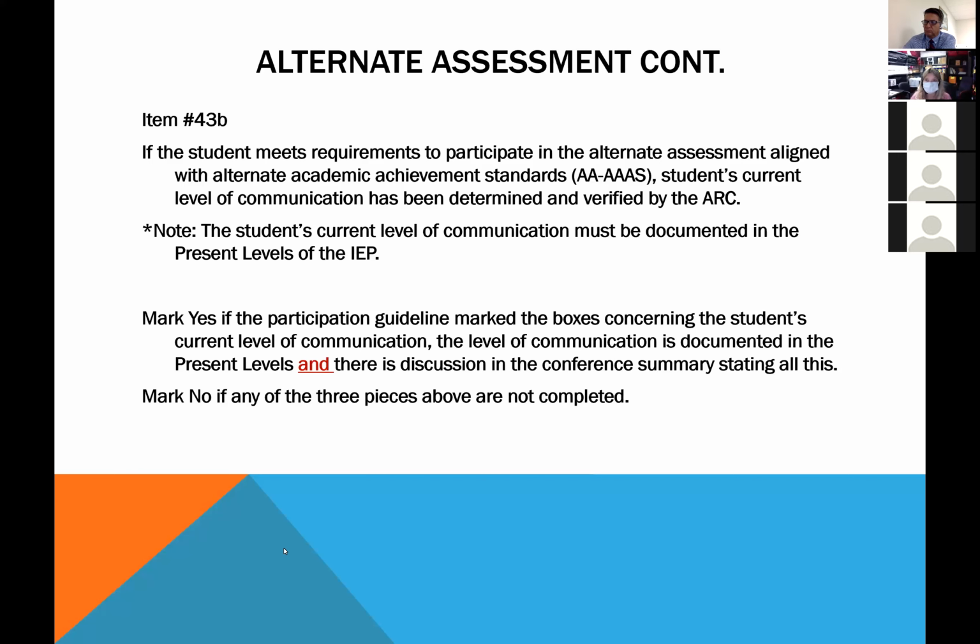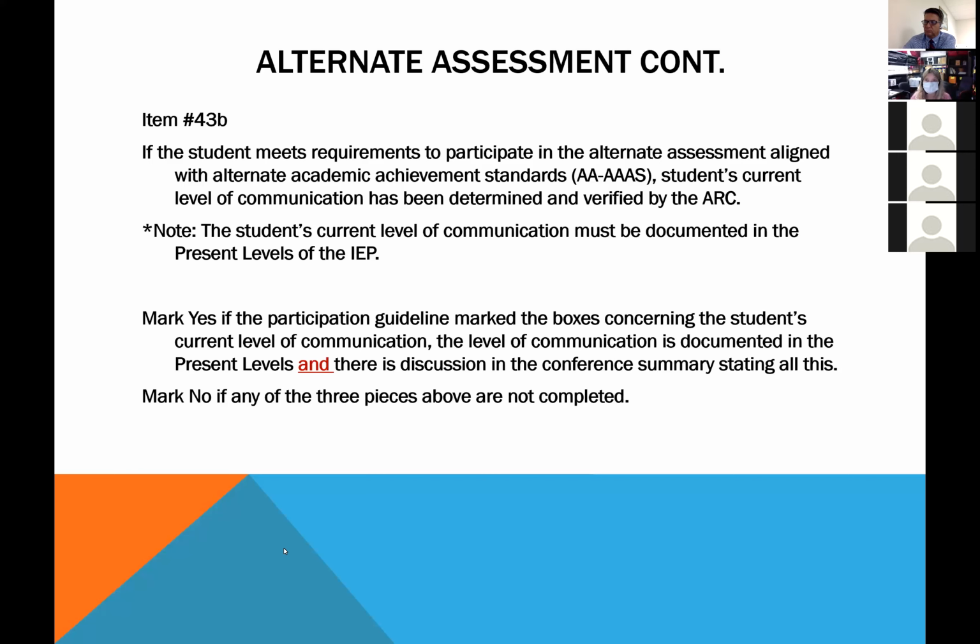So we're going to mark yes if the participation guideline marked the boxes concerning the student's current levels of communication, the level of communication is documented in the present levels, and there is discussion in the conference summary stating all of this. So there are three pieces to this. We have to have all three pieces to mark yes.